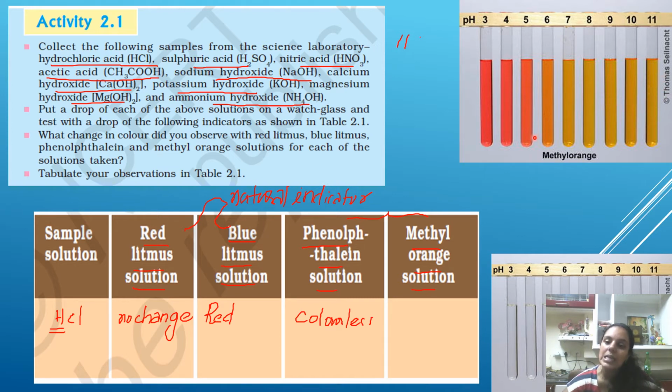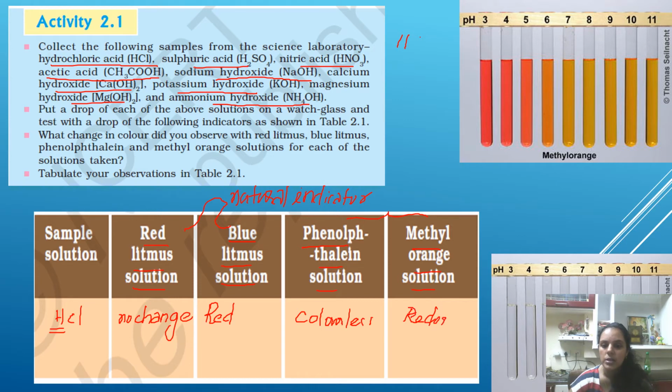So in basic solution, methyl orange changes its color towards yellow, and in acidic condition the color is red orange. Here the sample solution is hydrochloric acid, therefore what is the color of the methyl orange? The color of the methyl orange is red or red orange color.